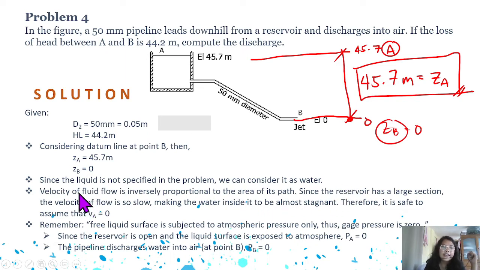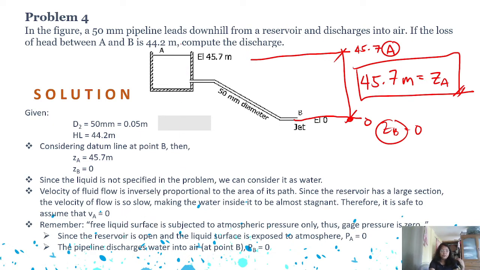Okay? And then, the velocity of fluid flow is inversely proportional to the area of its path. Since the reservoir has a large section, the velocity of flow is so slow, making the water inside it to be almost stagnant. Therefore, it is safe to assume that the velocity at point A is equal to 0.